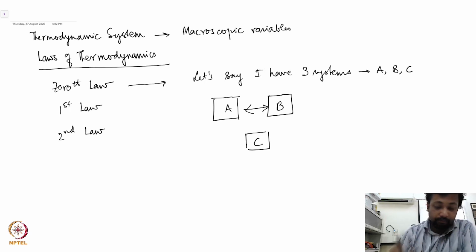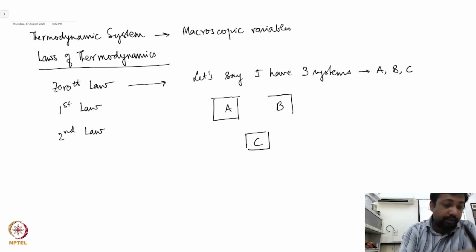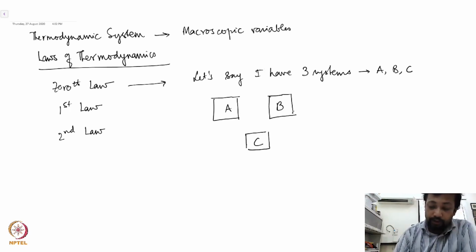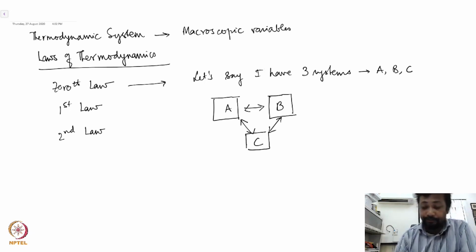If A and C are in equilibrium, and if B and C are also in equilibrium, then it follows A and B are in a joint equilibrium.